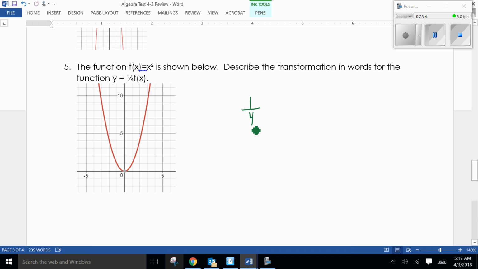I can actually type that into my calculator, but I need to write it as 1/4 x squared. Again, you can see it's outside my parentheses, so it's something vertical. And if it is less than 1, that means it's a vertical compression.